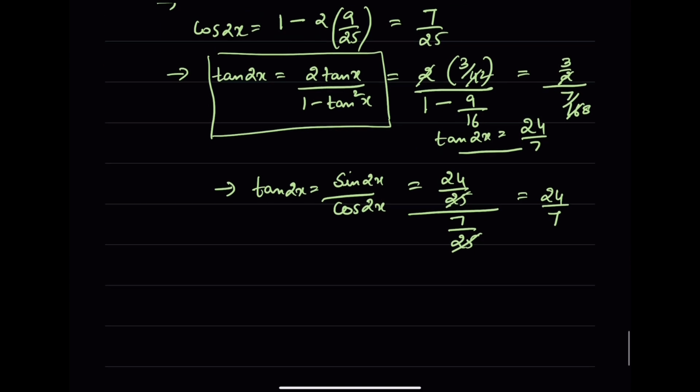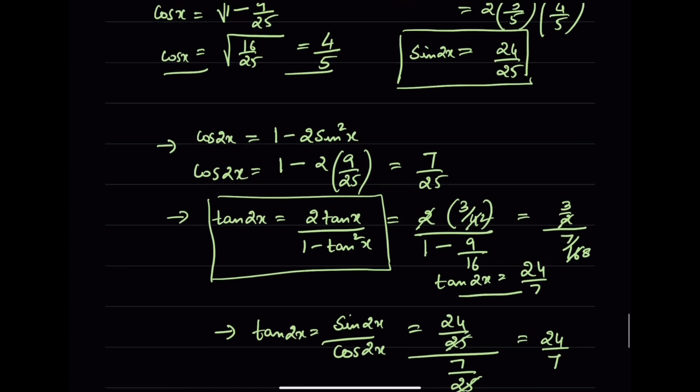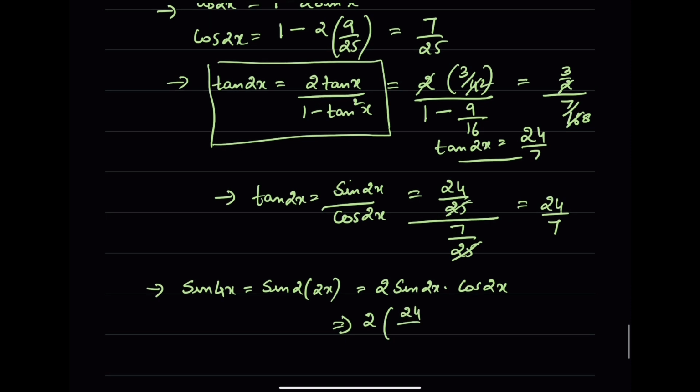Now the last trigonometric function we have to solve is sin of 4x. Sin of 4x can be written as sin of 2 times 2x. So this will be 2 sin 2x times cos 2x. Now this is 2 times the value of sin 2x, which we found to be 24 by 25, and cos 2x is 7 by 25.